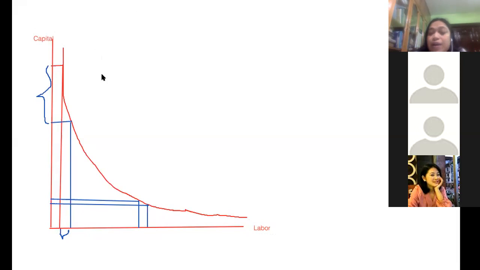To stay on the same isoquant, to generate the same level of output, when you have so much capital but so little labor, in order to increase a little bit of labor, you are willing to sacrifice a lot of capital without sacrificing output. But when you are in the flatter part of your isoquant, to increase labor by the same amount, because now you are constrained by capital, you have a little bit of capital left, so you are not willing to sacrifice as much, right?